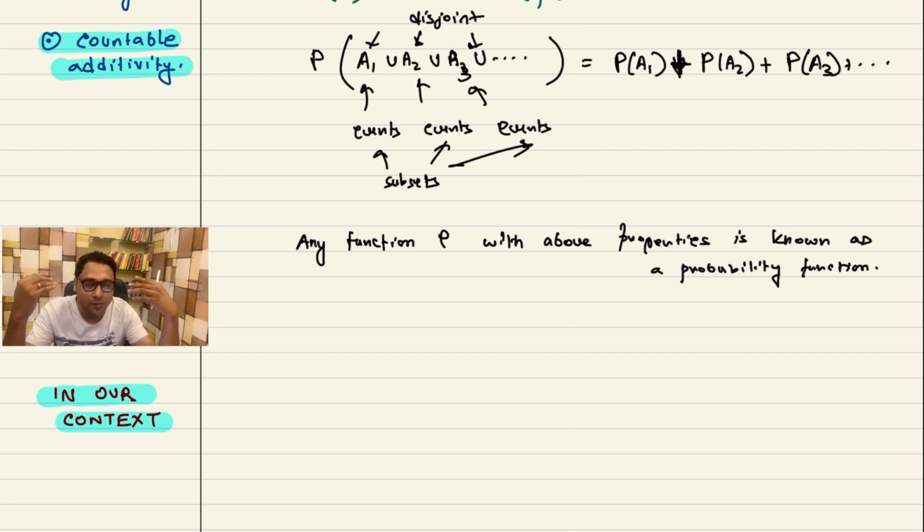There is nothing probable about probability. It's just a function, okay? So it takes in sets as inputs and gives out numbers as output, and it has this countable additivity property. It's a very important property. That's what distinguishes P from other set functions.